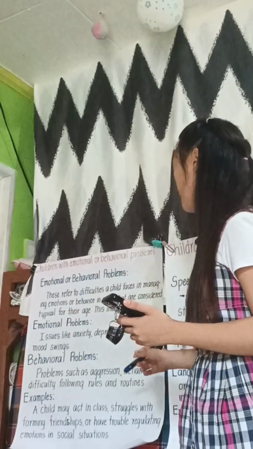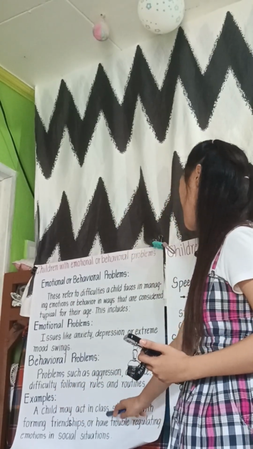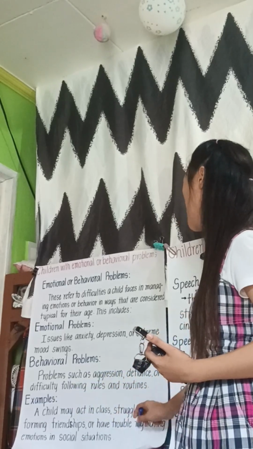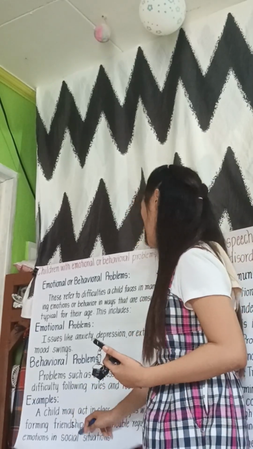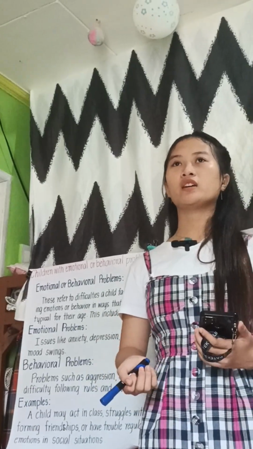And then, for example, a child may act out in class, struggle with forming friendships, or have trouble regulating emotions in social situations. That is an example of behavioral problems, where a student finds it hard to make friends with other students because of his or her behavior.